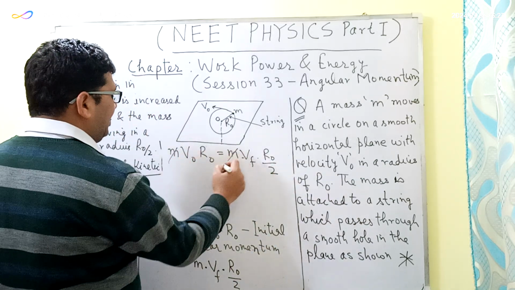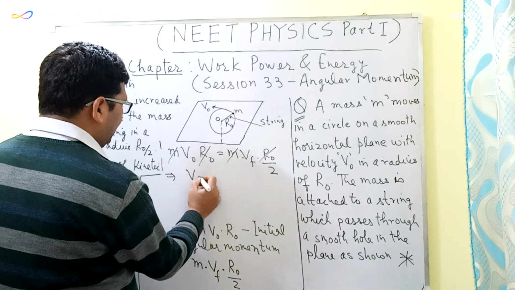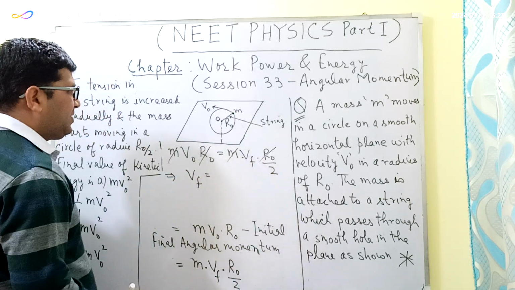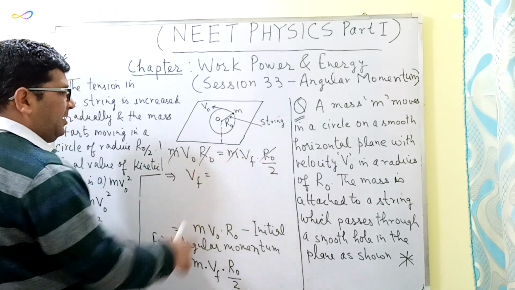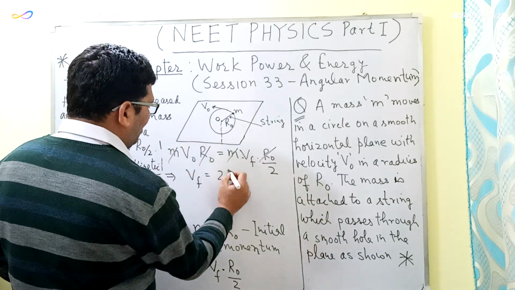So here this m will get cancelled out, r naught will get cancelled out, and finally the velocity of this object of mass m when it is rotating in the radius of r naught by 2 will be equal to 2 times v naught.